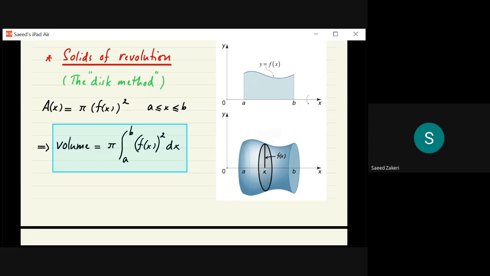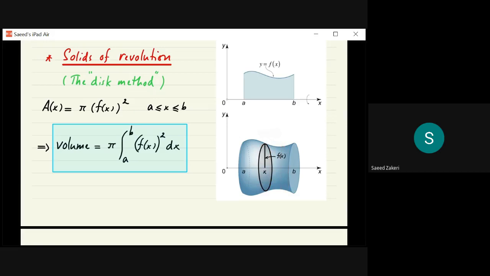This is usually called the disk method, or method of disks. Why? Because in this very special example of a solid of revolution, if this region right here is leaning against the x-axis, which is the axis of rotation, after you rotate it, you get a solid of revolution whose cross-sections, every cross-section, looks like a disk.